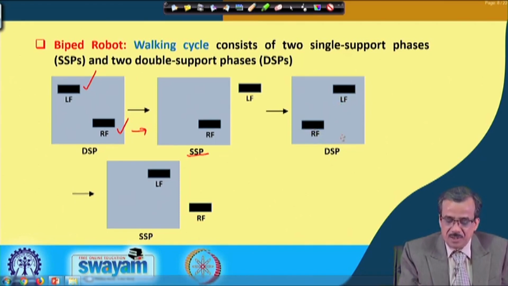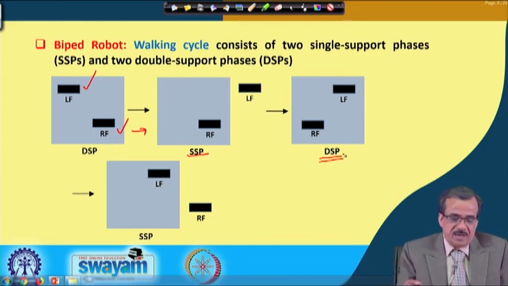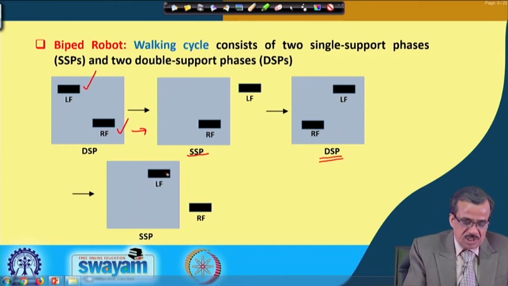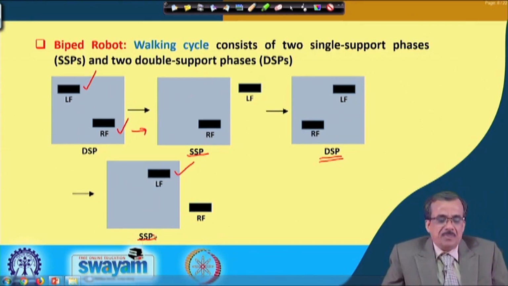So this will constitute one double support phase. Next, the left foot will be here and the right foot will be taken from the ground and will be in the air. This is the swing phase. That is nothing but the single support phase, which completes one walking cycle.